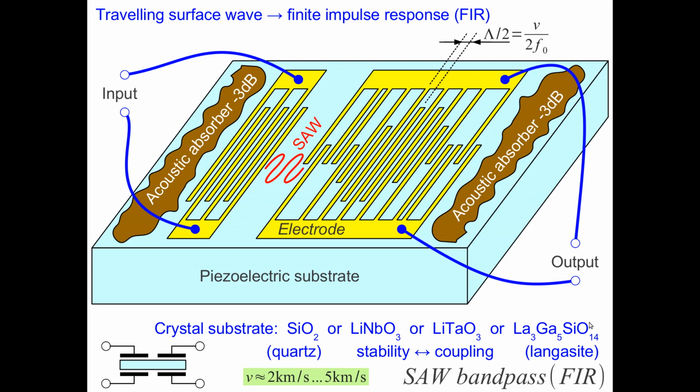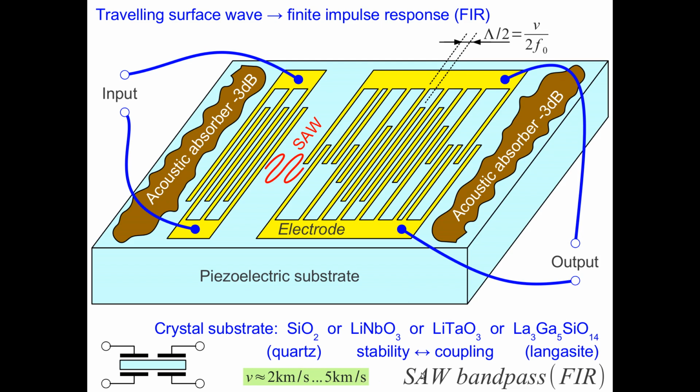And we can use even exotic crystals like langasite. Langasite was actually invented by Soviet-era scientists for a space war laser, but the laser didn't work for some reason. But it's a very good material for building filters. So they didn't do anything for Star Wars, but those scientists invented a very good material for making filters. Velocities are between 2 and 5 kilometers per second.